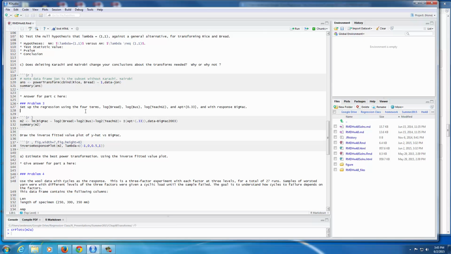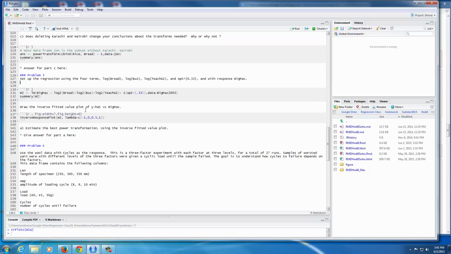In problem 3, we are going to use the Big Mac data set again in a little bit bigger model. We are going to try to predict the cost of a Big Mac with logs of bread, bus fare, teacher's salary, I believe is what that one is, and then the cost of an apartment to the third power.